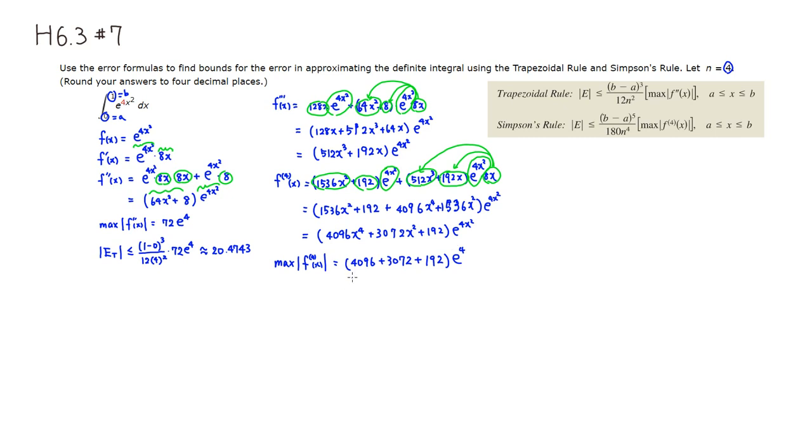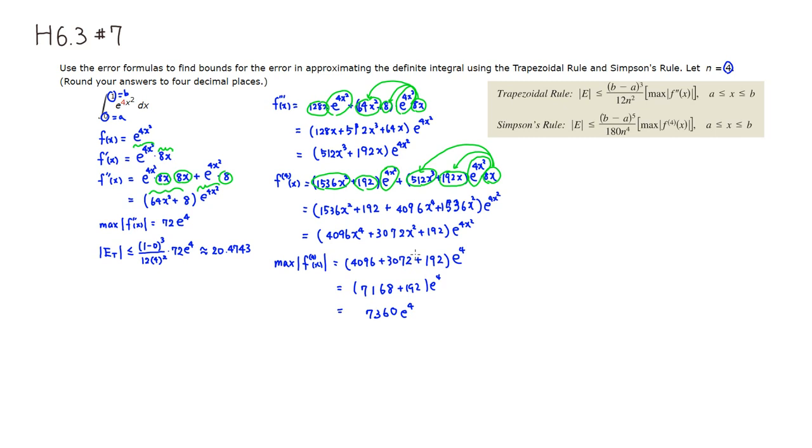So what's this? Let's see. I can only add 2 at a time. So you have 8, and that would be 6, and 1, and 7, plus 192 e to the 4th power. And this is going to be 10, and 6, 3, and 7. All right. So we got that number.